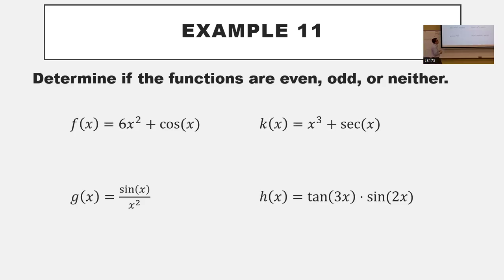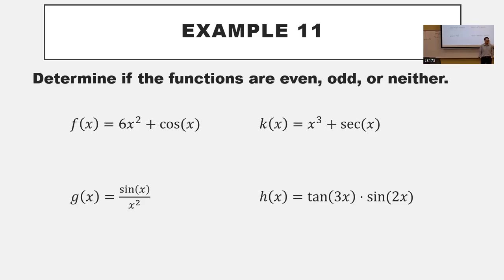Let's do a k of x next. Here we have an odd x to the third and an even secant. When you add an odd plus an even function, we have 2 pieces. One piece is an even piece, another piece is an odd piece.